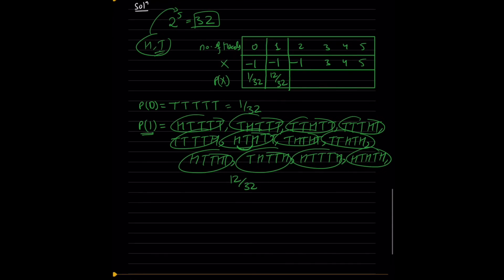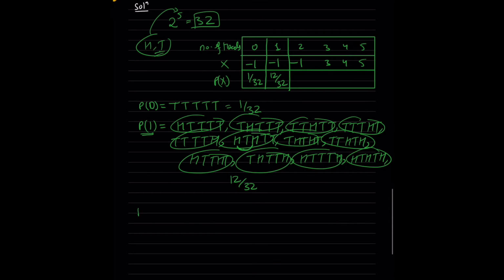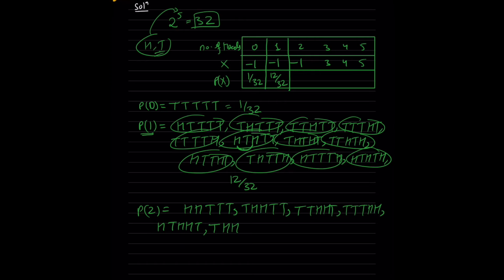Similarly, now for 2 consecutive heads, I can write the values. It can also be head, tail, head, head, tail, or tail, head, head, tail, head.